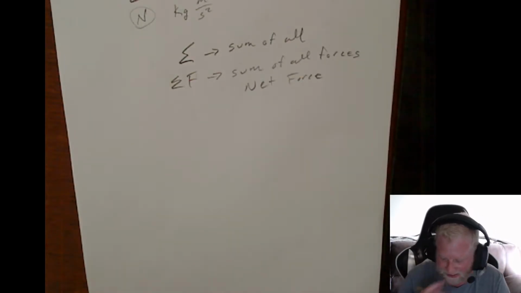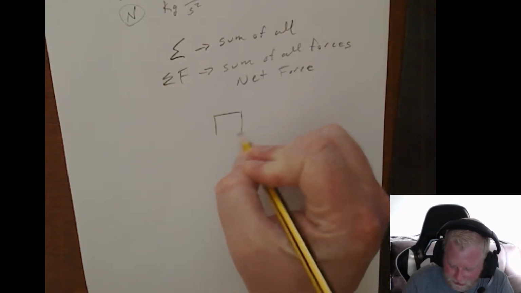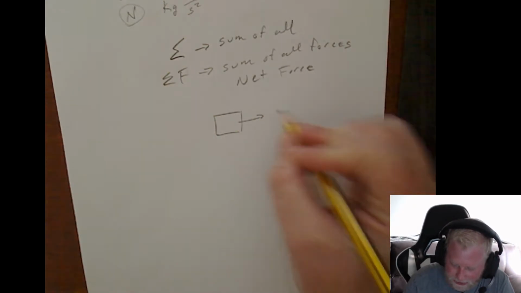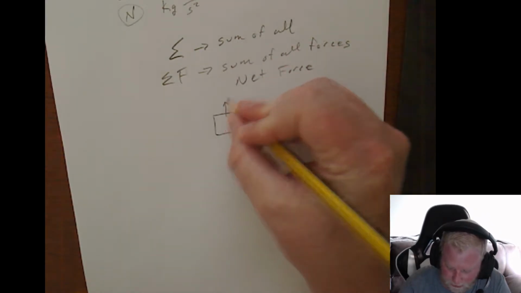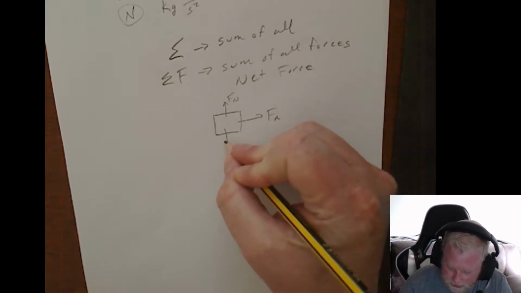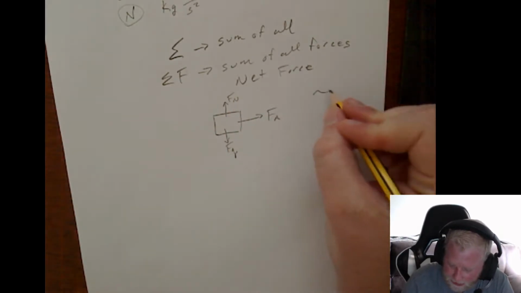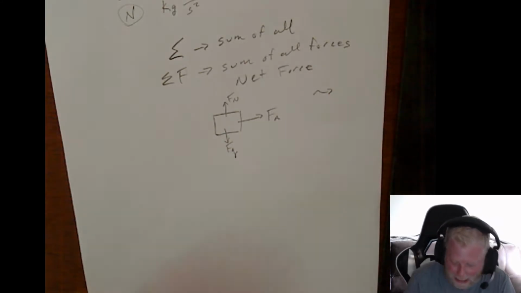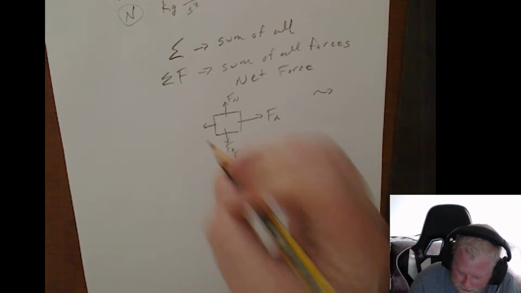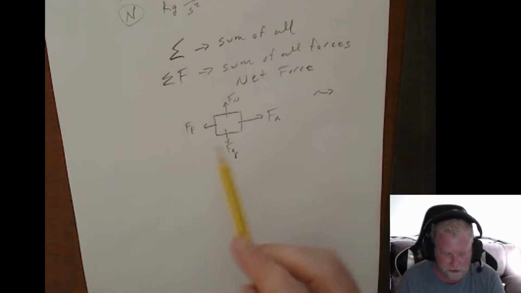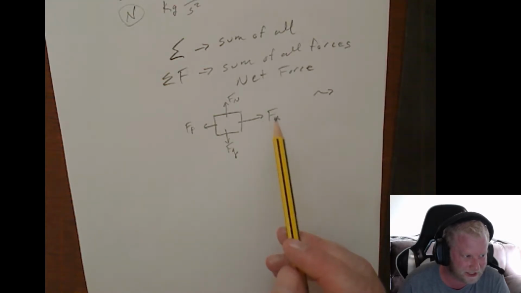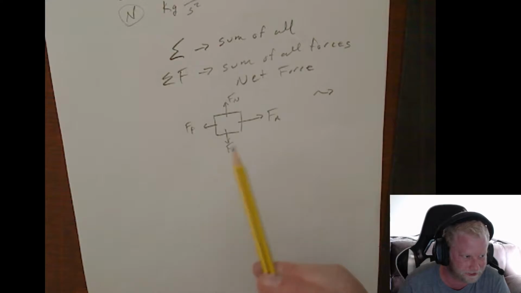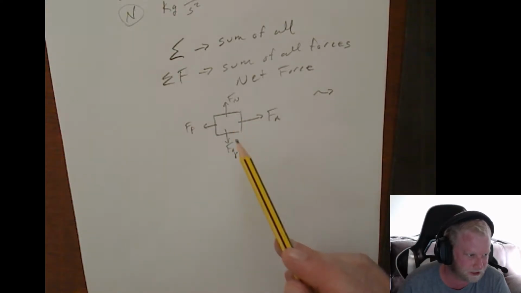Take for instance a scenario where you've got an object that's being dragged along by some applied force. It's got the normal force, it's got the gravitational force, it's moving to the right, and let's say there is some amount of frictional force. Notice I drew this frictional force vector much smaller than the applied force vector. So the applied force is greater than the frictional force, whereas the normal force and the gravitational force are equal.